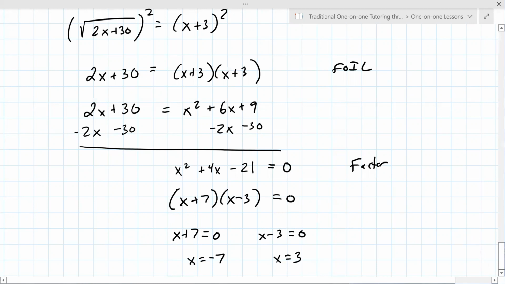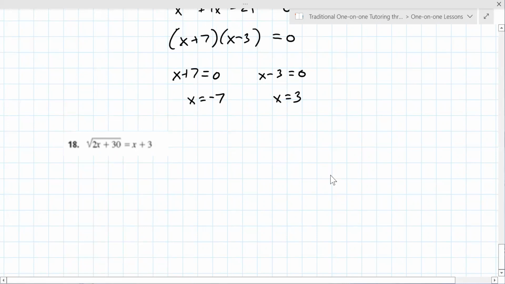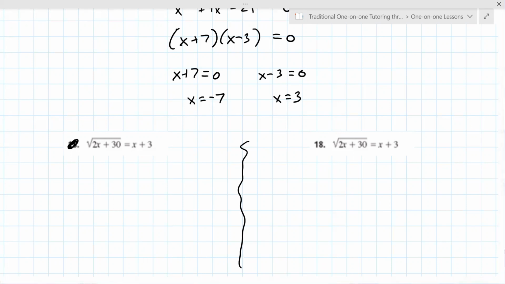All right, so we're going to check these. I'd like you to check the -7. -7 does not check.